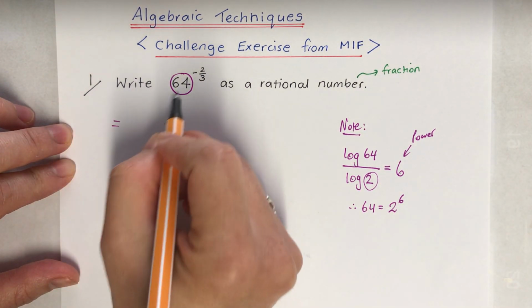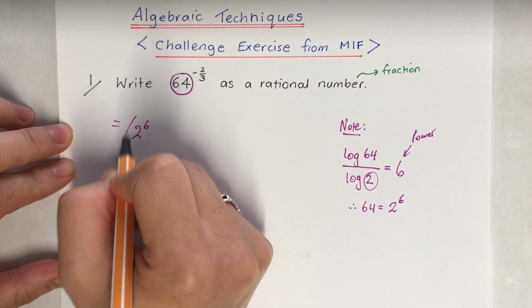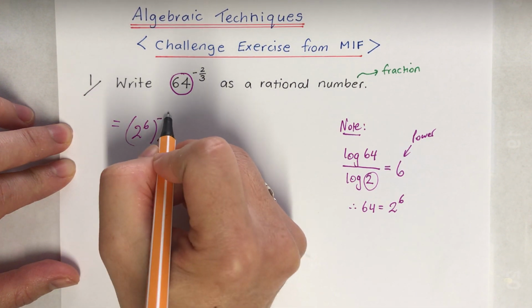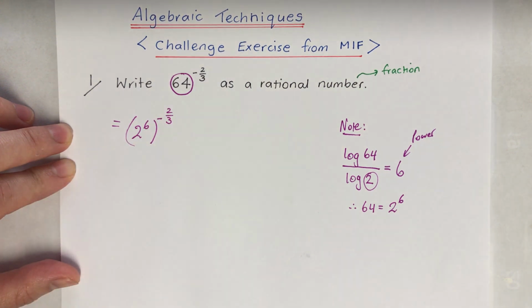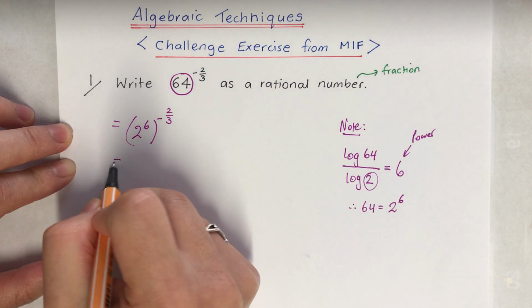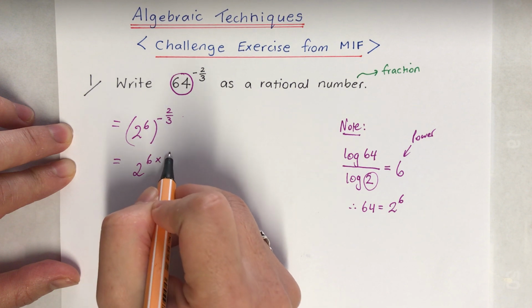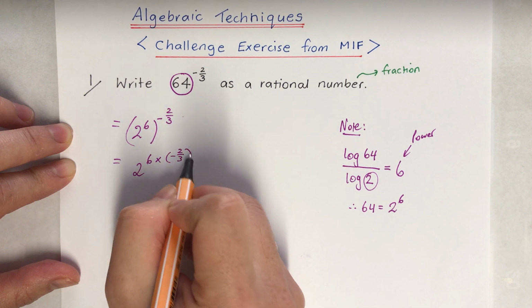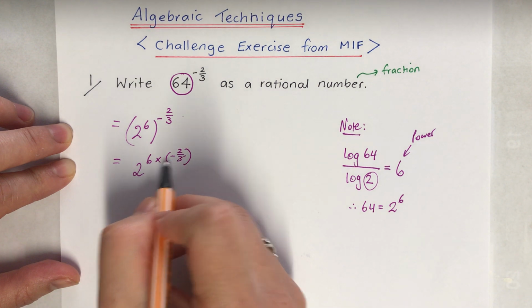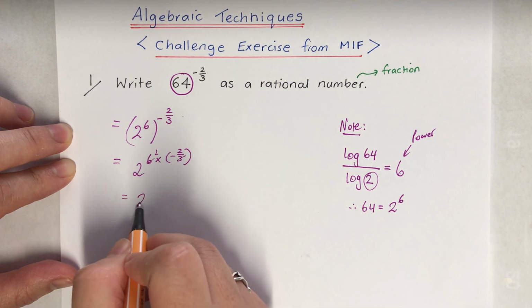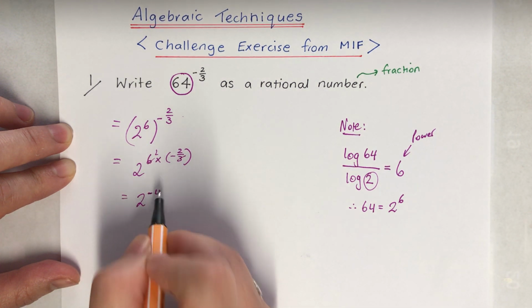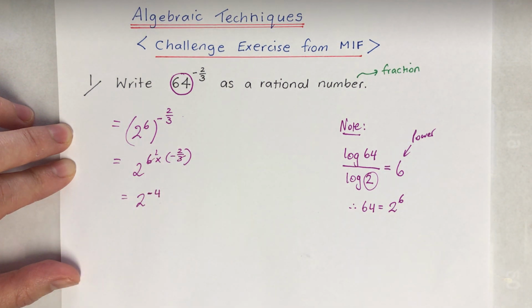And I'm going to rewrite this as 2 to the power of 6, to the power of minus 2 over 3. Okay, now remember, power to power, you times it. 6 times minus 2 over 3. Now if you do that, you'll get 2 to the power of minus 4.